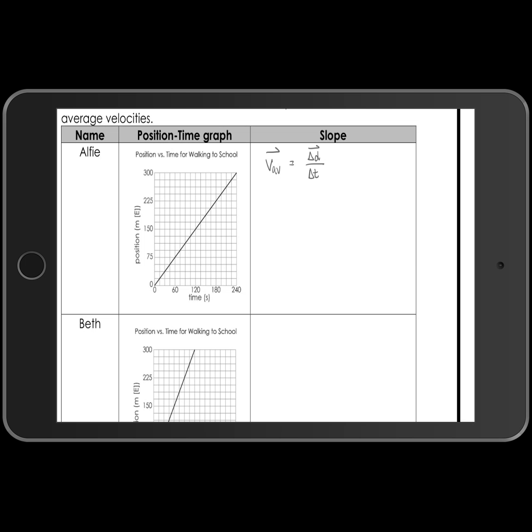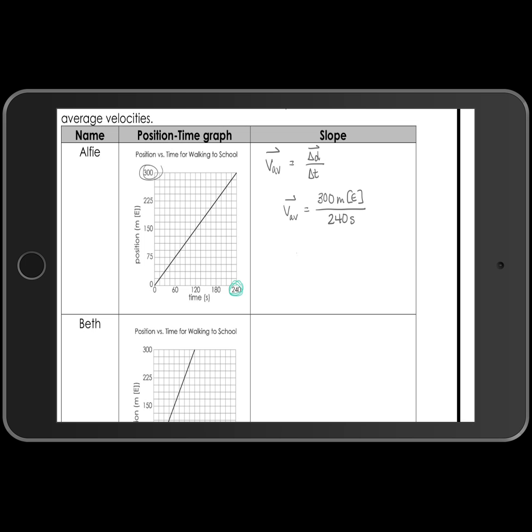If we look, the displacement or position change is 300 meters east, and it took this person 240 seconds to reach that position.